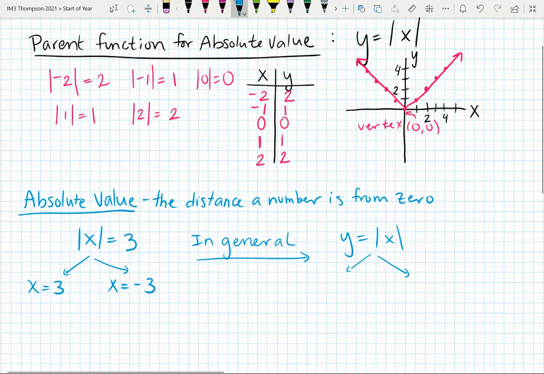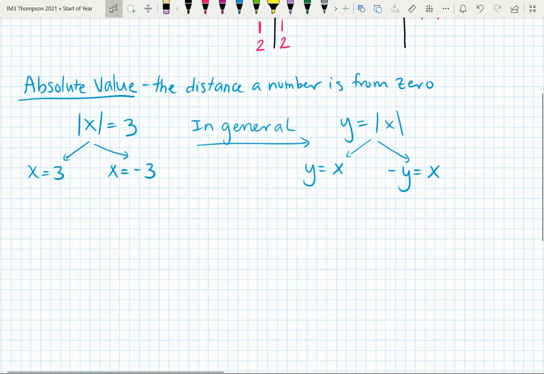So I know that this value of x in here could either be positive y or negative y. If I have negative y is equal to x, but I want to solve for y, I can either multiply or divide both sides by negative. So divide by -1, divide by -1. And that gives me y is equal to negative x. We agree that we can kind of move the negative.